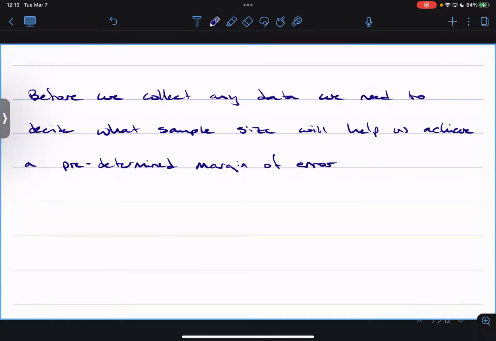Margin of error goes back to the confidence interval. Before you collect any data, you say, in my report I want to report a 95% confidence interval, and I want the margin of error to be less than 3%, 0.03, for example. Then what does my sample size need to be? Whether you can get that sample size is another issue, but at least you have an idea of what you need. So, a predetermined margin of error at a specified confidence level.